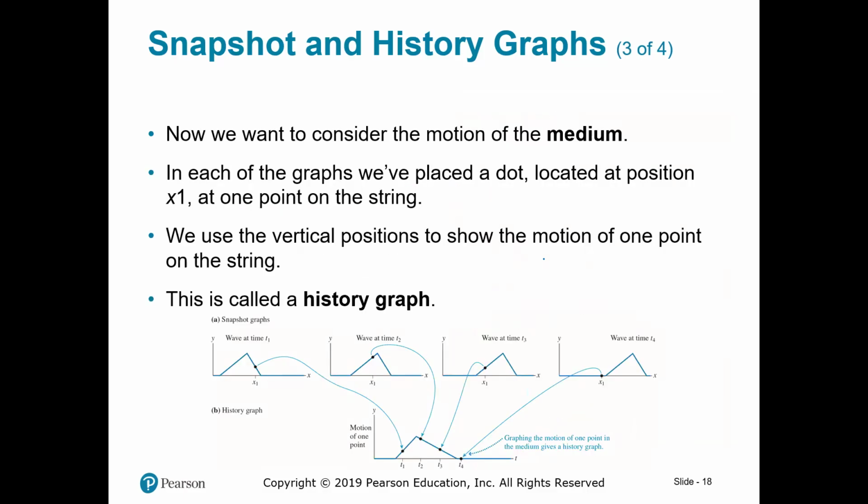And then the next graph is the history graph. So again, for the history graph, you take a graph of position versus time. I told you the snapshot graph is what? The photo of the full wave, right?